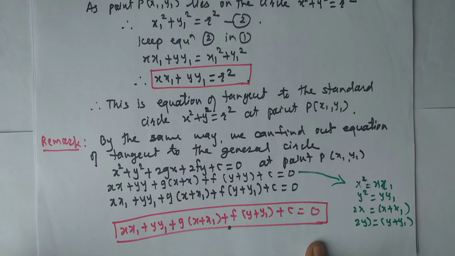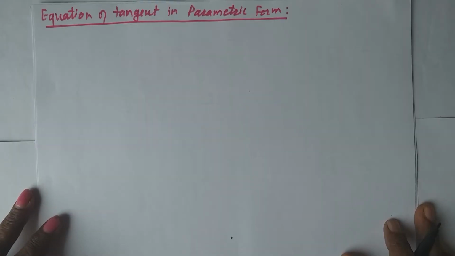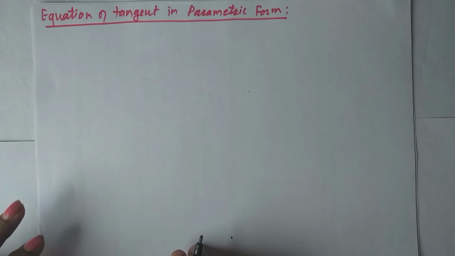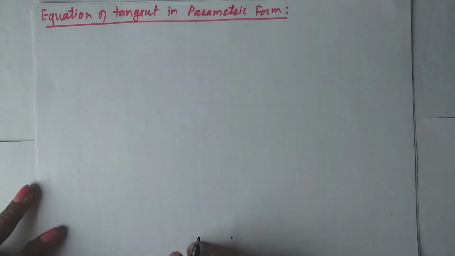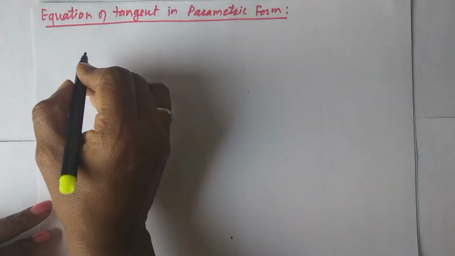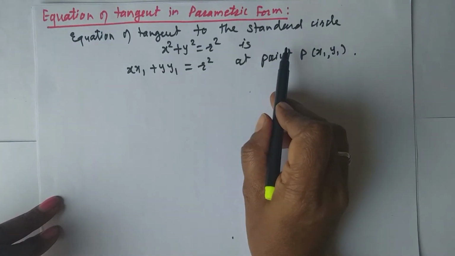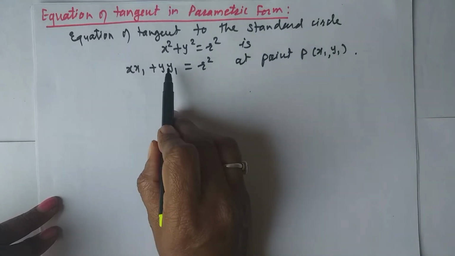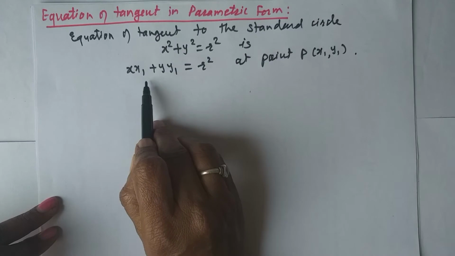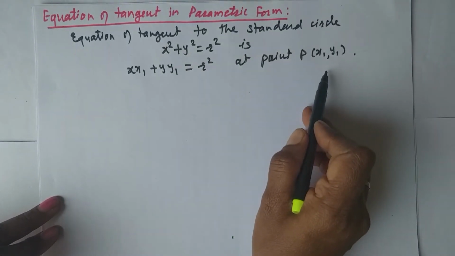Okay students, now we will see the equation of tangent in parametric form. First we know that the equation of tangent to the standard circle is xx1 plus yy1 is equal to r square. We will write down that. We know that the equation of tangent to the standard circle x square plus y square is equal to r square is xx1 plus yy1 is equal to r square at point P x1 y1.